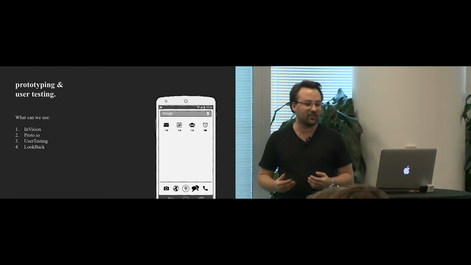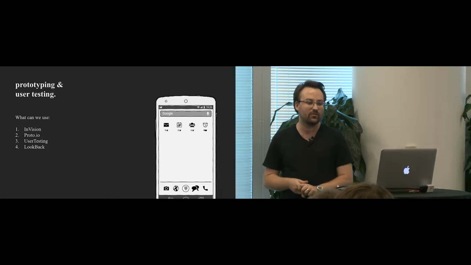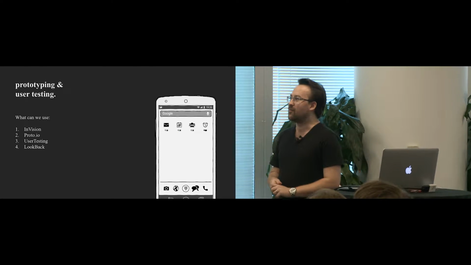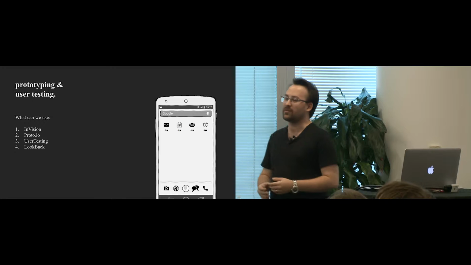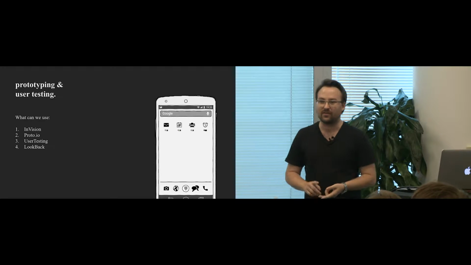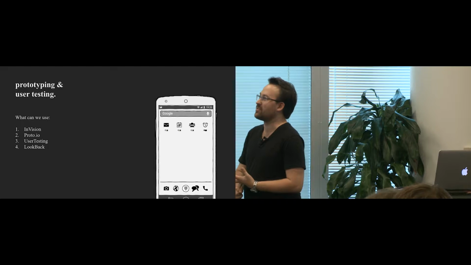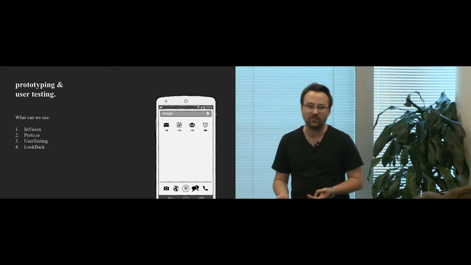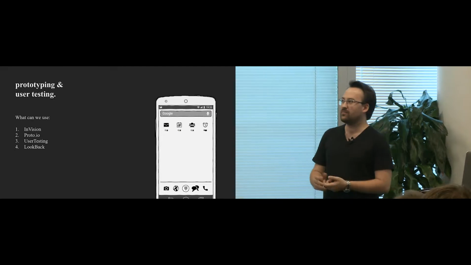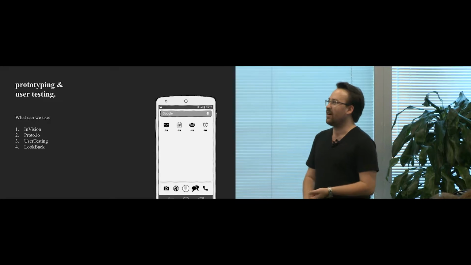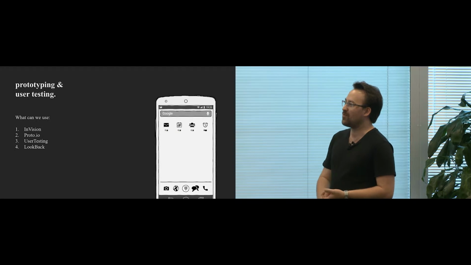So for prototyping and user testing, there's a few tools you can start using. My go-to tool is InVision for all my prototyping. It's easy to use, it's free to use, and they have plenty of integrations for user testing tools as well. Proto.io is not free to use, and is way more advanced.